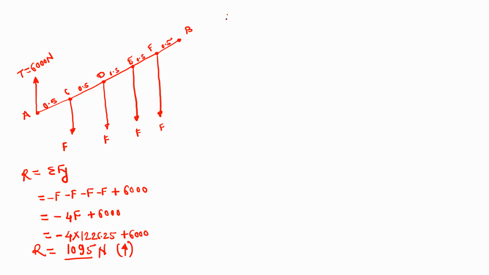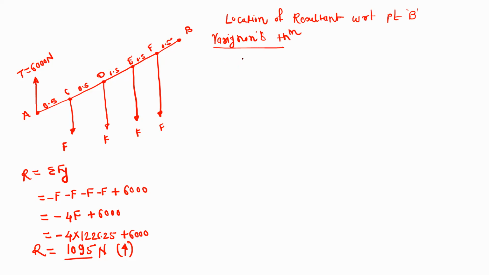Now to find out the location of the resultant with respect to point B, we need to use Varignon's theorem. For Varignon's theorem, the equation is the summation of moments by all the forces about the given point.